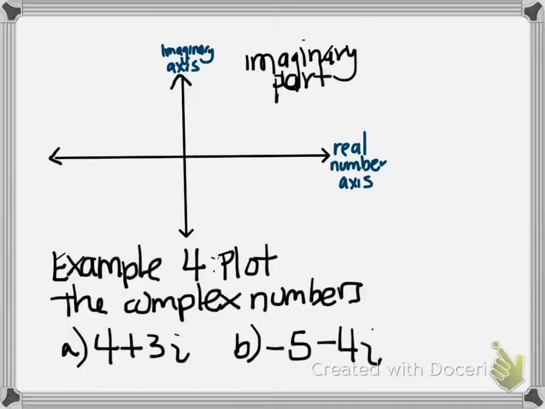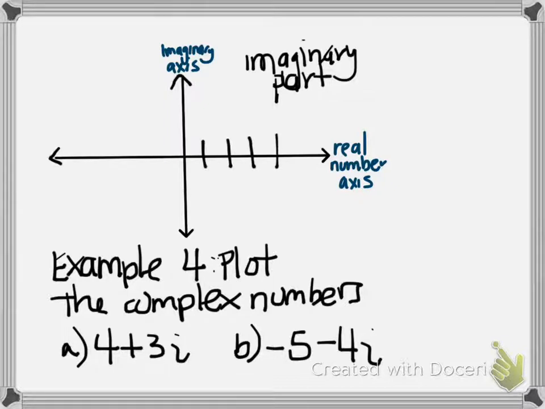So for example, if we take a look at example number 4 on the back of your worksheet, this is a typical question you might see. Plot the complex number. If we take 4 plus 3i, we start from the middle of the axes and count 4 spaces on the real number axis: 1, 2, 3, 4.